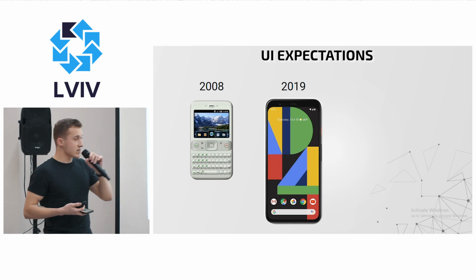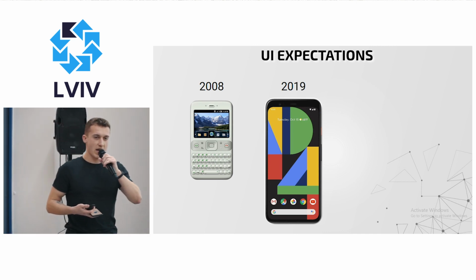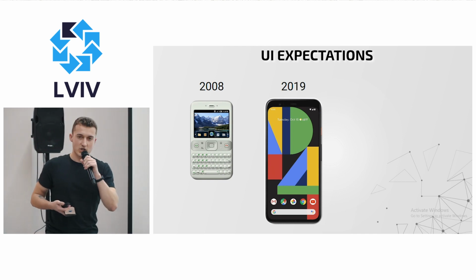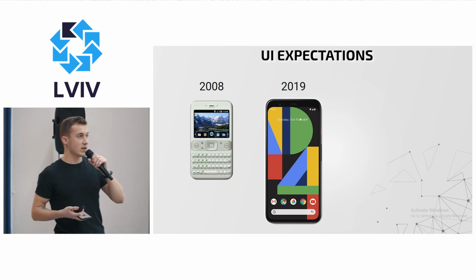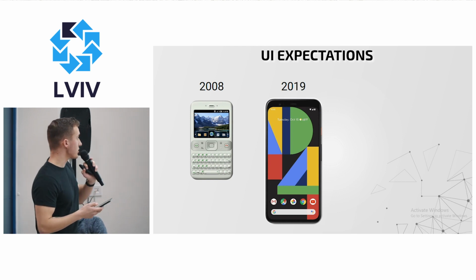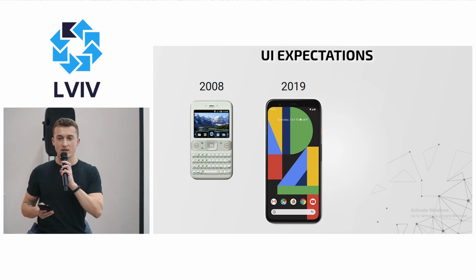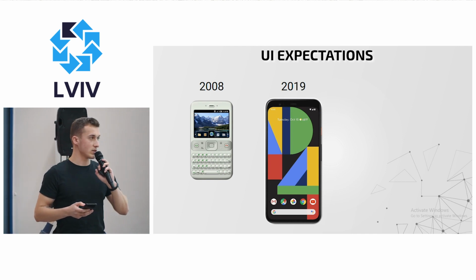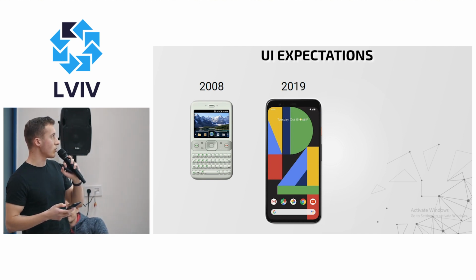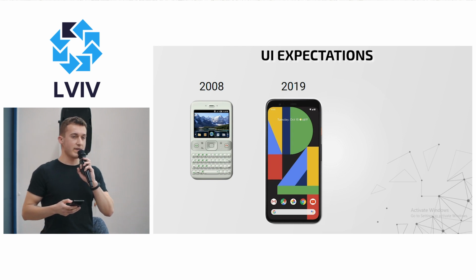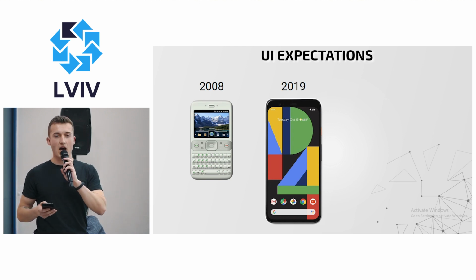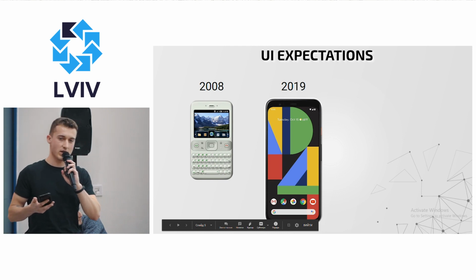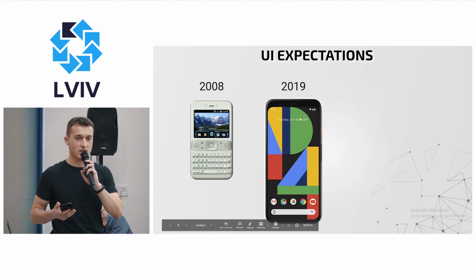Today, I mean today and the last 10 years, because almost nothing has changed since 2008. And compared to the time that Android OS was created, user expectation has really grown, because at that time we could create our UI using just linear layout, button and edit text, and that was enough.